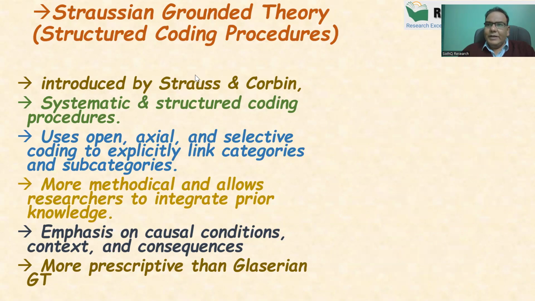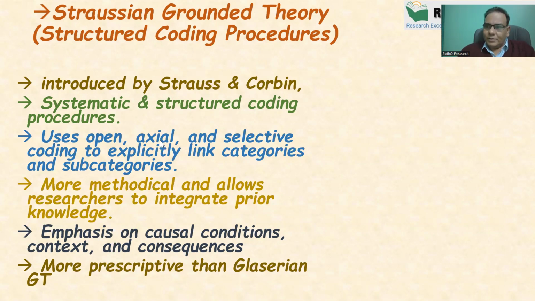So basically, this second approach was introduced by Strauss and Corbin. It is a systematic and structured coding procedure. In this procedure, we are using open coding. Open coding means whatever important keyword we find, we just highlight that.